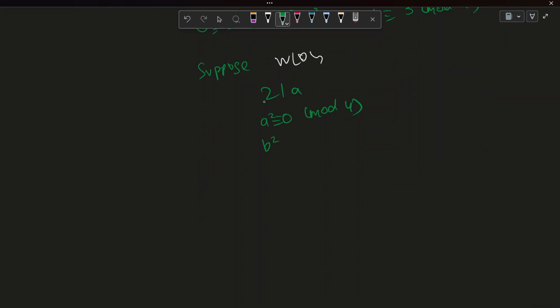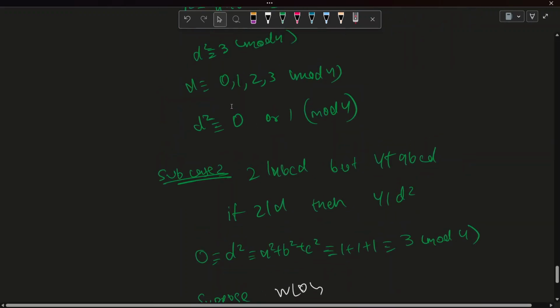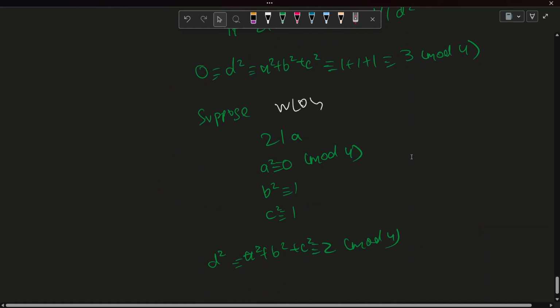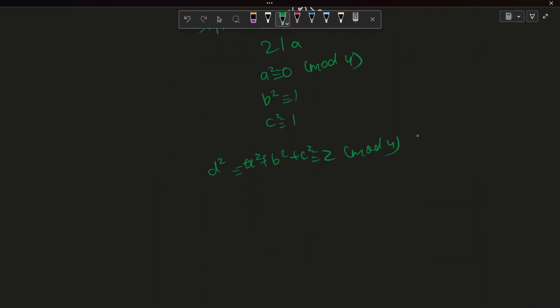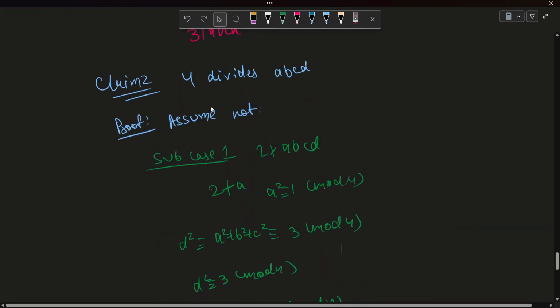And b square is congruent to 1 and c square is congruent to 1. So a square plus b square plus c square is congruent to 2 mod 4, and this is also congruent to d square. But I showed that d square can be congruent to either 0 or 1 mod 4. So 2 mod 4 is a contradiction. So we are also done with subcase 2, and we showed subcase 1 earlier. So our claim is proved that 4 divides abcd.